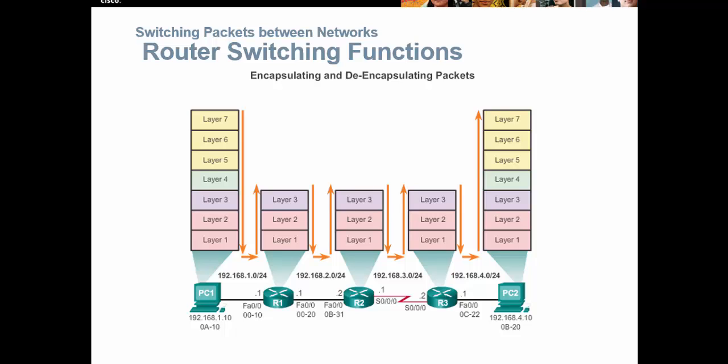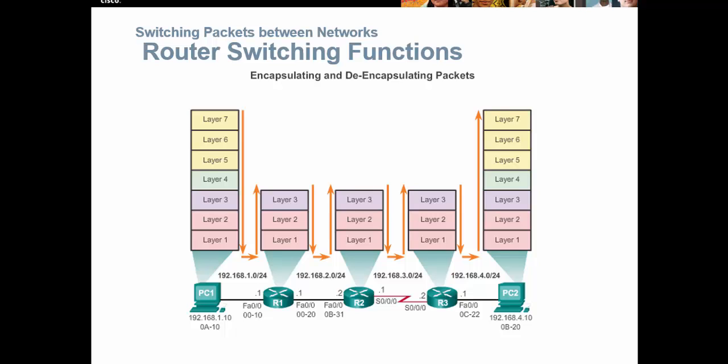After the router has determined the exit interface using the path determination function, the router must encapsulate the packet into the data link frame of the outgoing interface. And what does the router do with the packet received from one network and destined for another? The router performs the following three major steps. It will de-encapsulate the layer 2 frame header and trailer to expose the layer 3 packet.